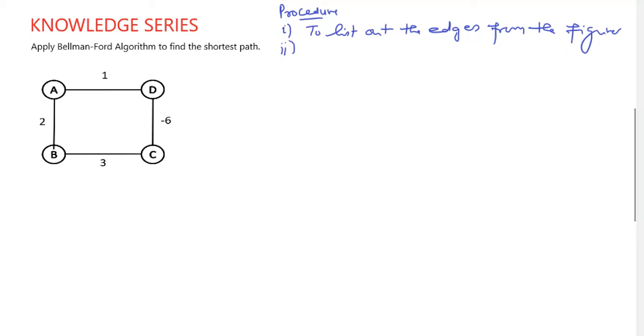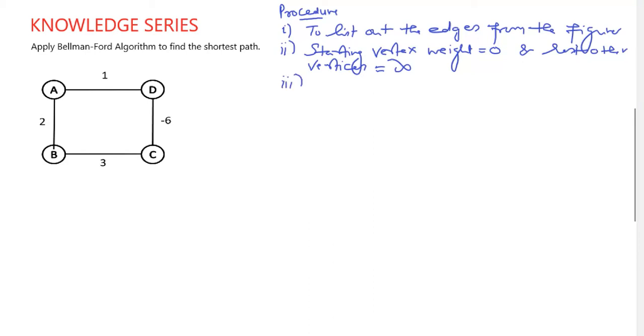The next point is that for the starting vertex we assign the weight equal to 0, and the rest of the vertices equal to infinity.